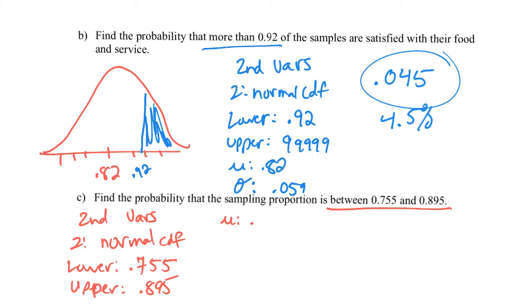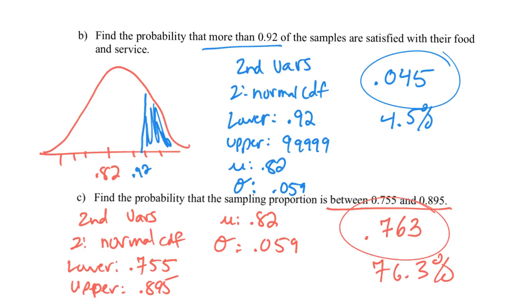Our mean is still the same thing, 0.82, and our standard deviation is 0.059. So we'll type that in. Hit paste and hit enter again, and you should get 0.763 when you round, or 76.3% if you want to write it as a percent.